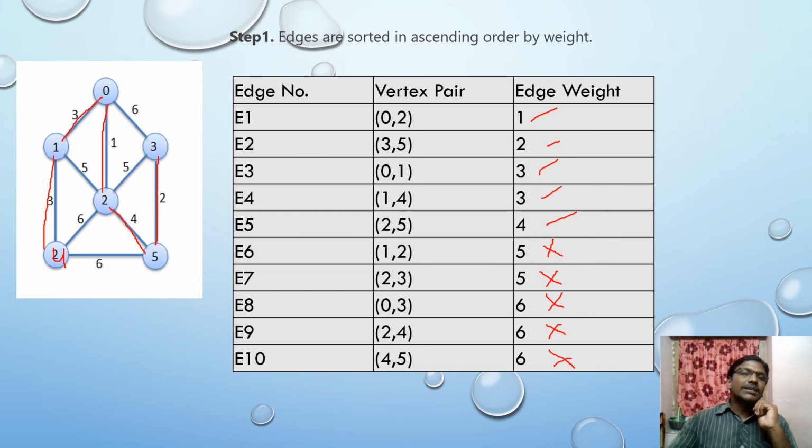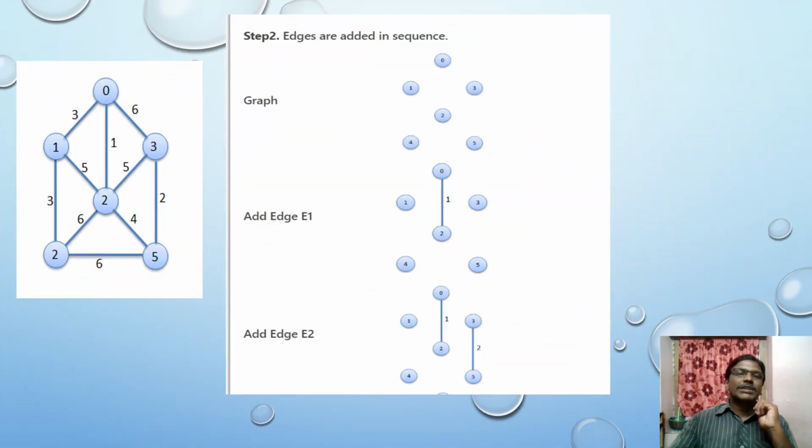So the spanning tree total is 3 plus 3 plus 1 plus 4 plus 2. Explaining the lowest weights: the first edge is 0-2, that is 1, and the next is 3-5, that is 2.